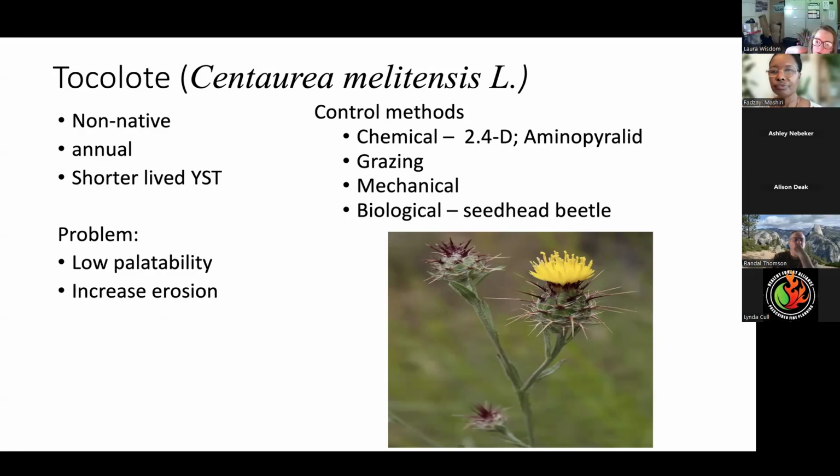And then I just wanted to throw in, Linda had a question in the chat. She said, am I understanding correctly that Medusa head seeds don't need to be completely consumed by fire, just damaged enough to be non-viable? Yes. Like I said, there's more recent research that was done by Bartholomew from UC Berkeley.